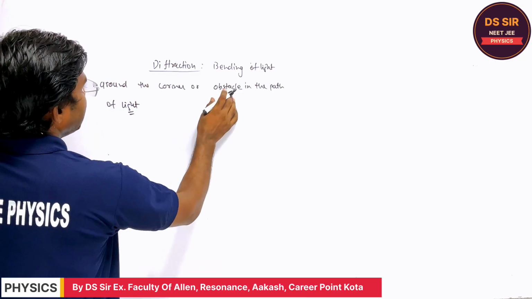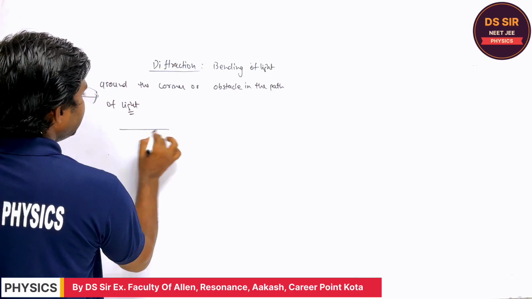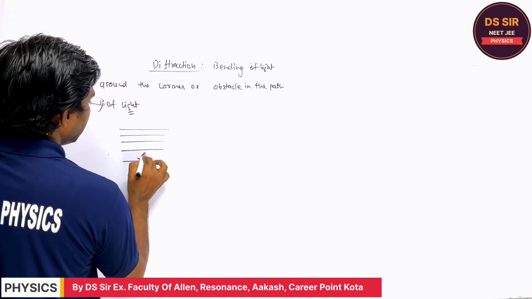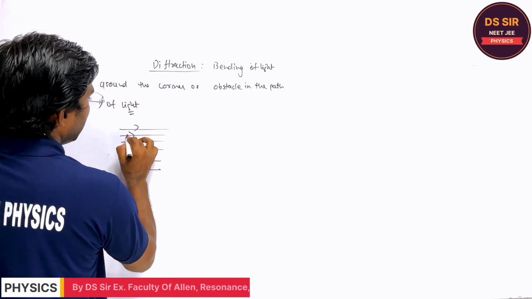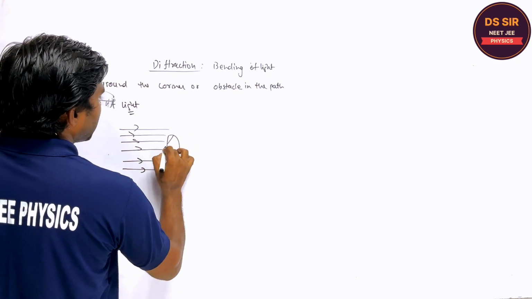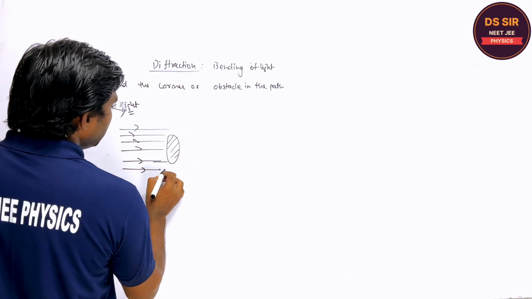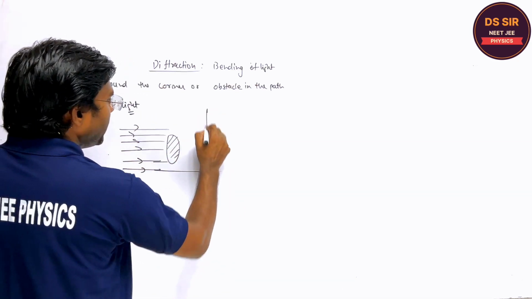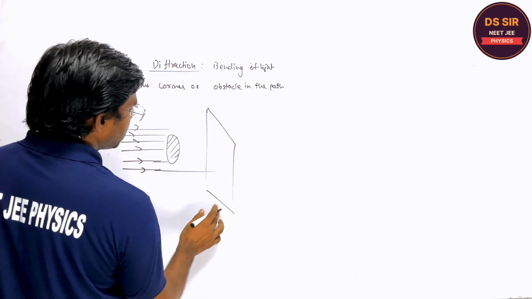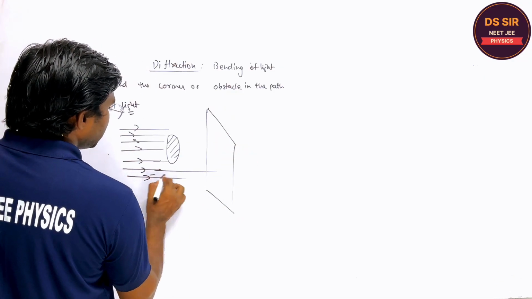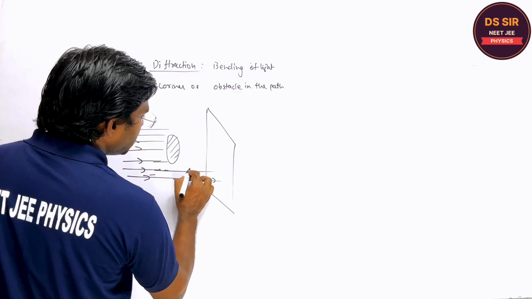Listen one thing. Suppose the light is coming, all right, and you placed a coin as the obstacle like this. When you will see, it is not like that. If you place the screen in front of this, it is not like this, that you are getting the light only in this portion.